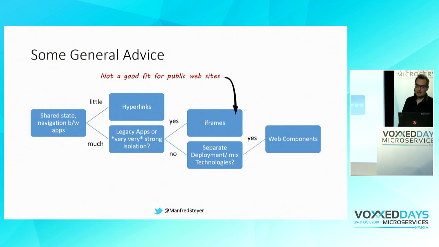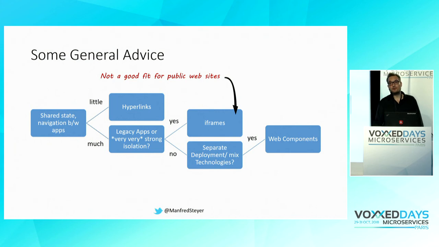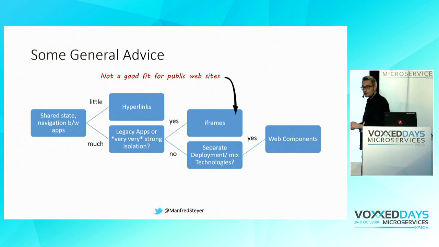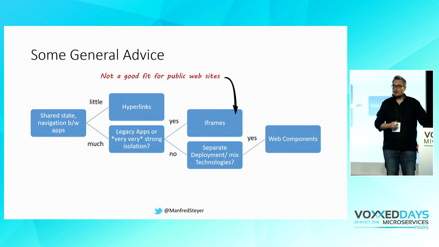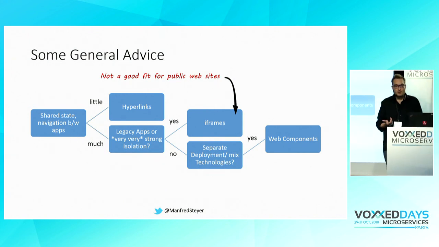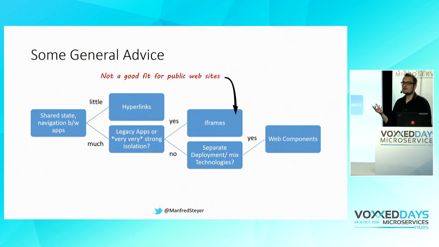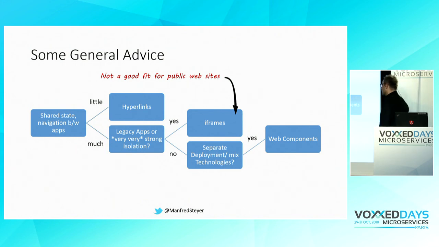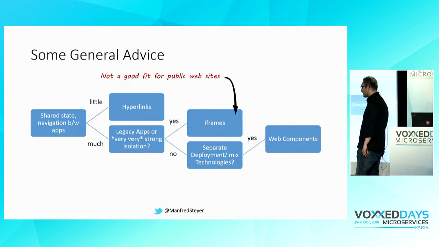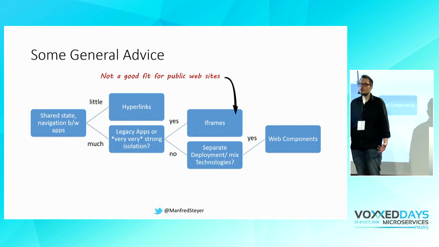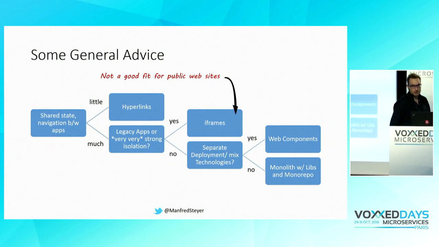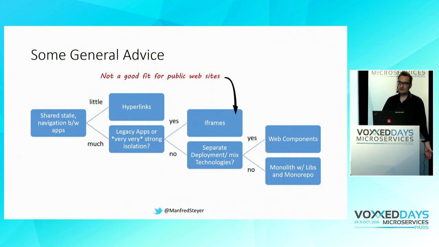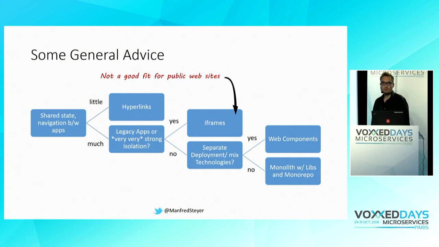And when you say yes, then consider bootstrapping several single-page applications, one index HTML and several single-page applications, and also try to wrap them with web components to provide this unique interface to the shell. And when you say no, a separate deployment and mixing technologies on the client is not a big topic for us, then you can go with a monolith.